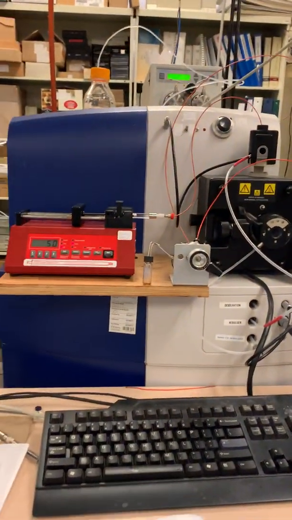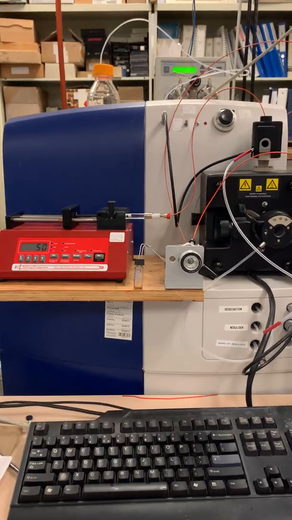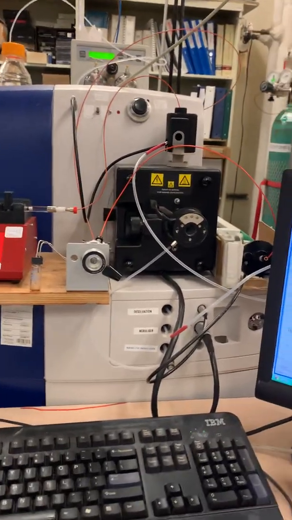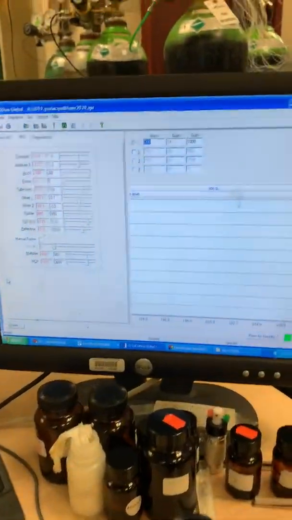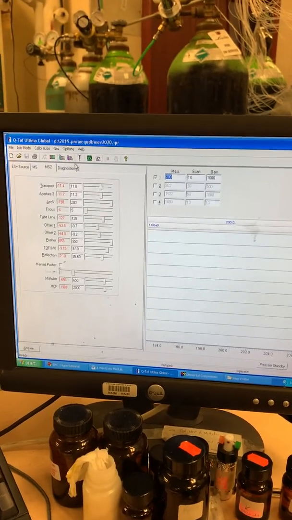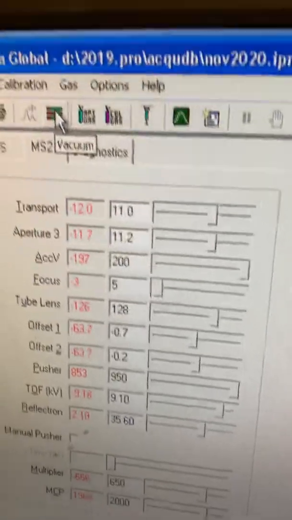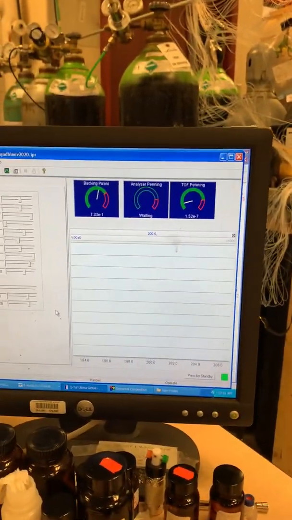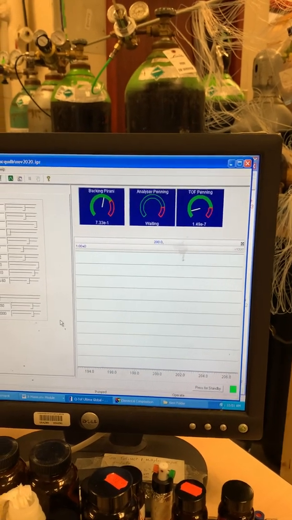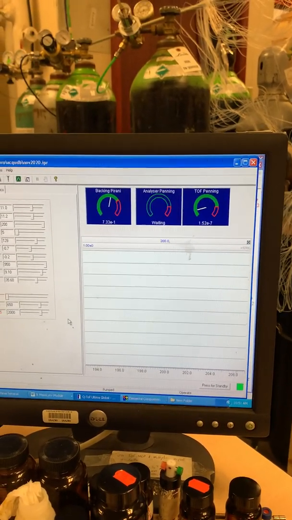Okay, so another instrument that has all the pressure readings in the software is the electrospray, and this is a quadrupole followed by a time of flight instrument. And on the tune page of the software, there's an icon here that shows pressures, and when I click on it, up comes 3 different pressure readings for 3 different sections of the instrument.